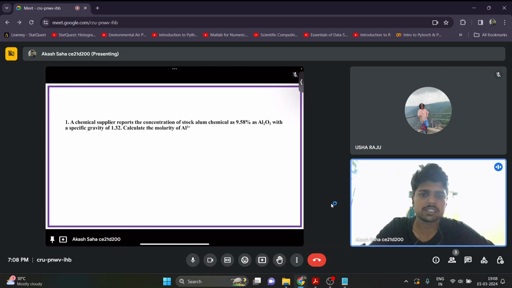So we have the concentration of the stock alum chemical, 9.58%, given as Al2O3, and the specific gravity is also given. Now we have to calculate the molarity, or the moles per liter. Kindly try to solve this problem, then we'll see how to go about it. I'll wait for a minute.